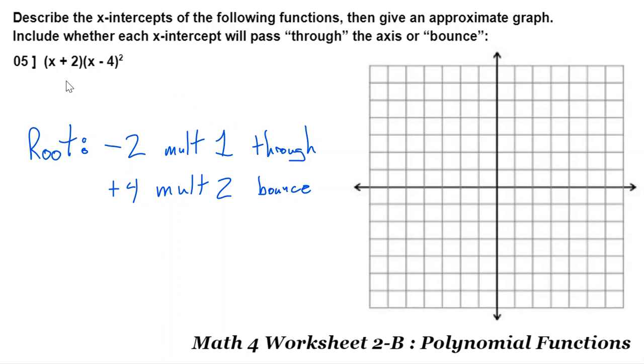Now, if I have one of these and two of those, and I multiply all of them together, I'm going to get something that starts out with x to the third. The neat part about it is that most of the time they're going to give you the factors like this, x plus this, x minus that, which means that rarely will we have a negative coefficient up front.